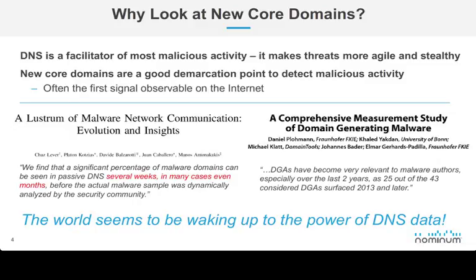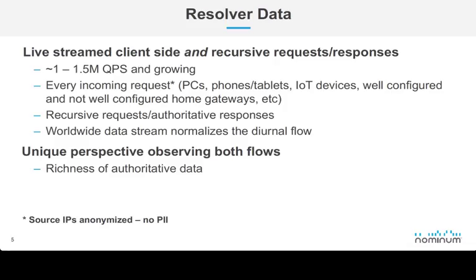That is why concentrating only on the registered domains would not be good for security. So new core domains are a good source of information for both domain generation algorithms and for a variety of phishing attacks and other malicious uses that we'll dig into.